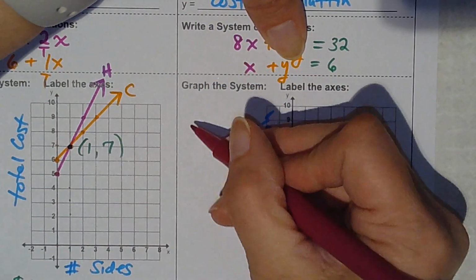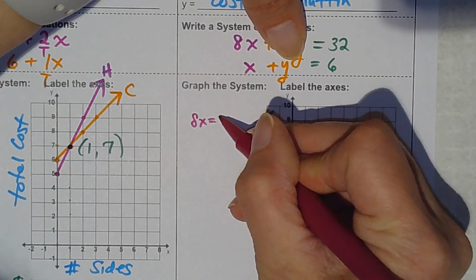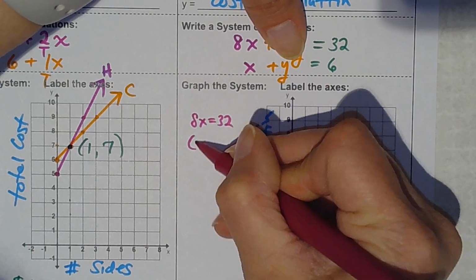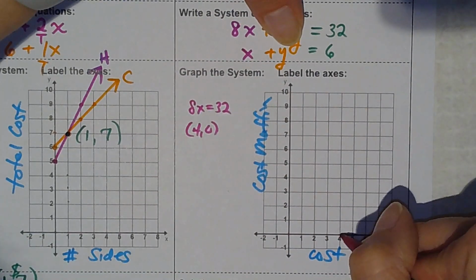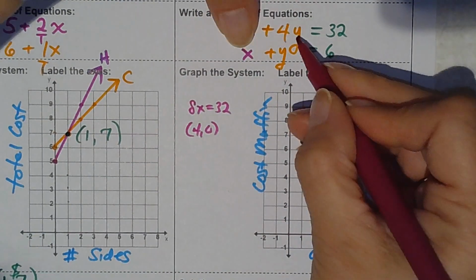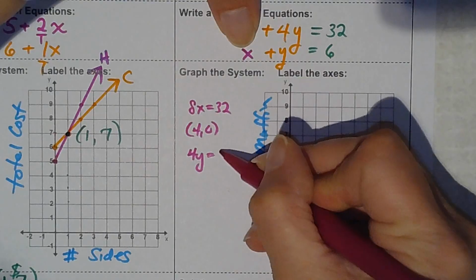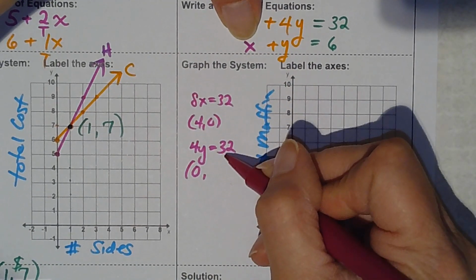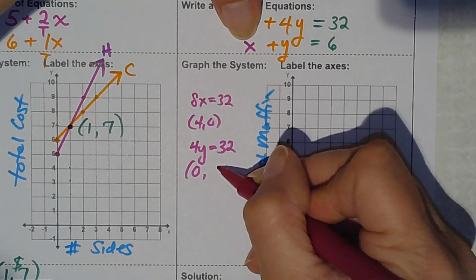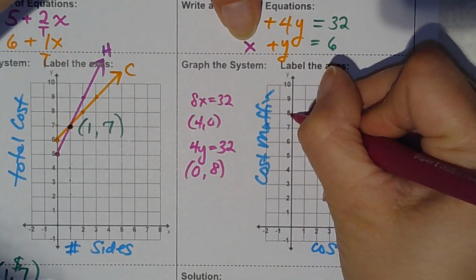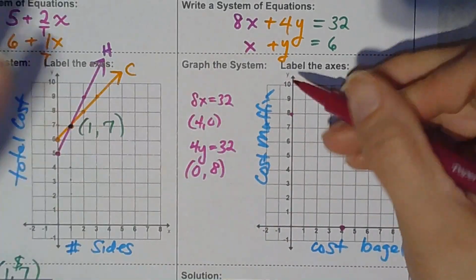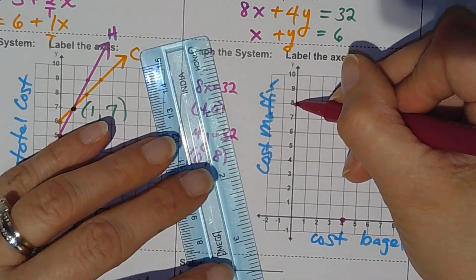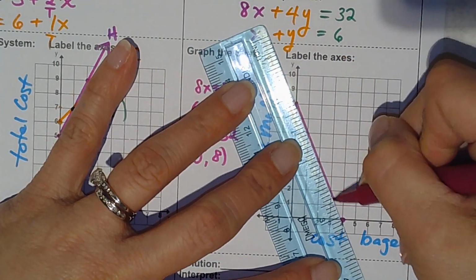So the x-intercept, 8x equals 32, is 4, 0. And then the y-intercept, okay, what's the y number going to be? 8. So we have the line from this y-intercept point down to this x-intercept point.